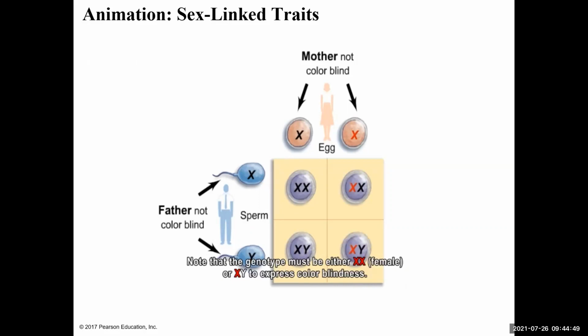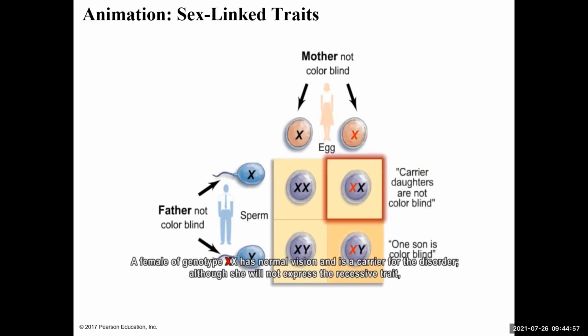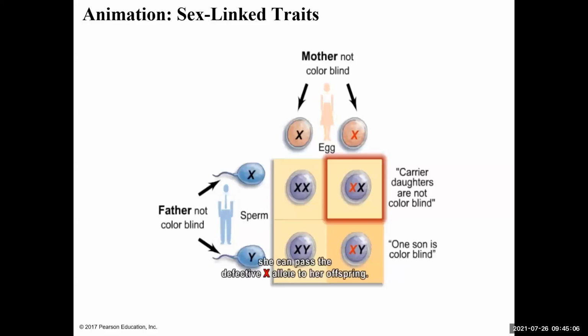Note that the genotype must be either red X, female, or red XY to express colorblindness. A female of genotype red X, black X has normal vision and is a carrier for the disorder. Although she will not express the recessive trait, she can pass the defective X allele to her offspring.